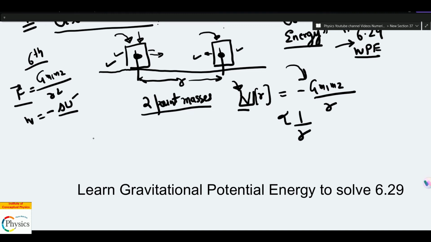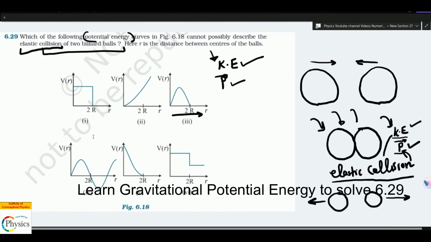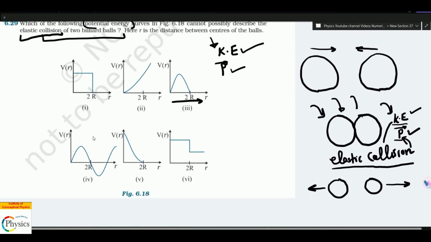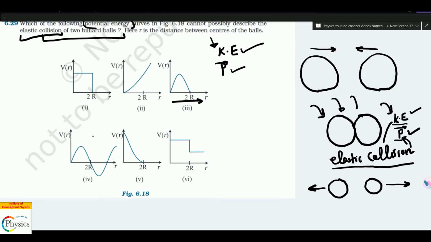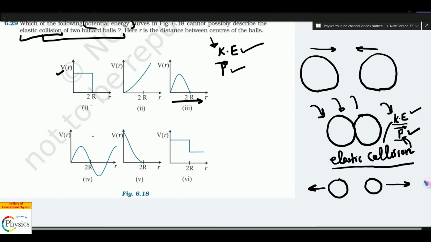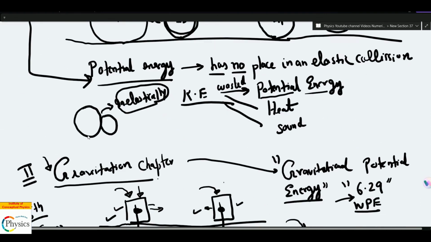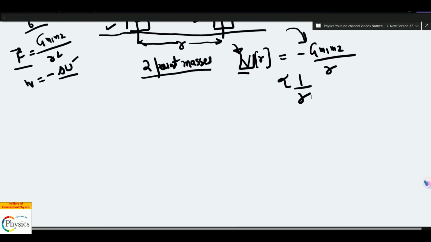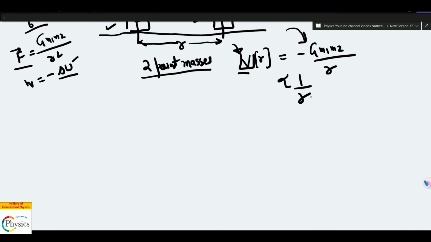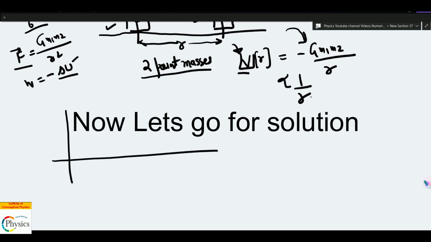Let's go and see the graphs. I have four graphs. This graph is potential energy versus distance. But the real relationship is that potential energy is inversely proportional to r. What it tells me is that the graph should be something like this.